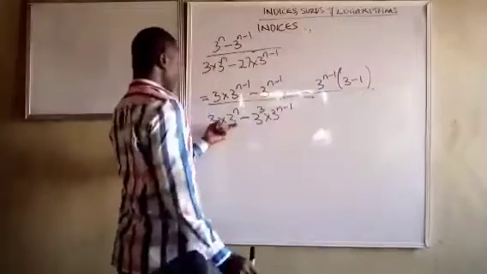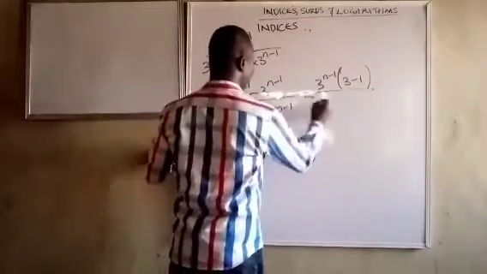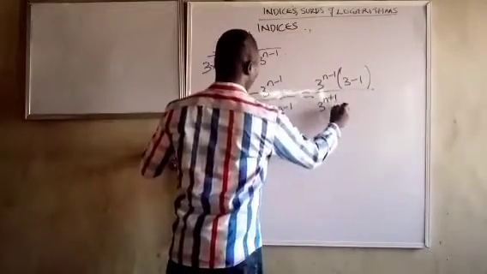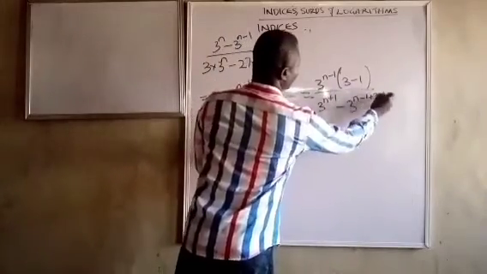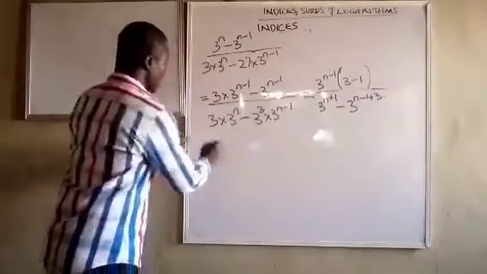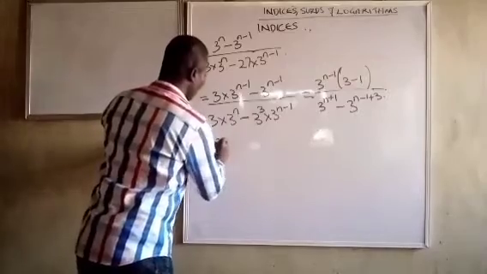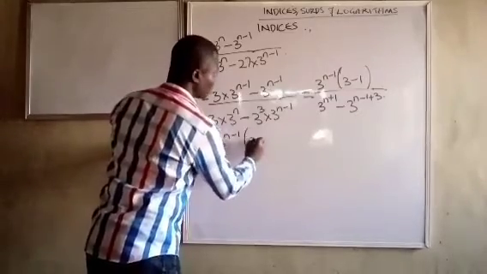Now let's look at this. This one is going to be 3 raised to power n plus 1 minus 3 raised to power n minus 1 plus 3. You can see how simple it comes out now. It's going to be 3 raised to power n minus 1 into 2.